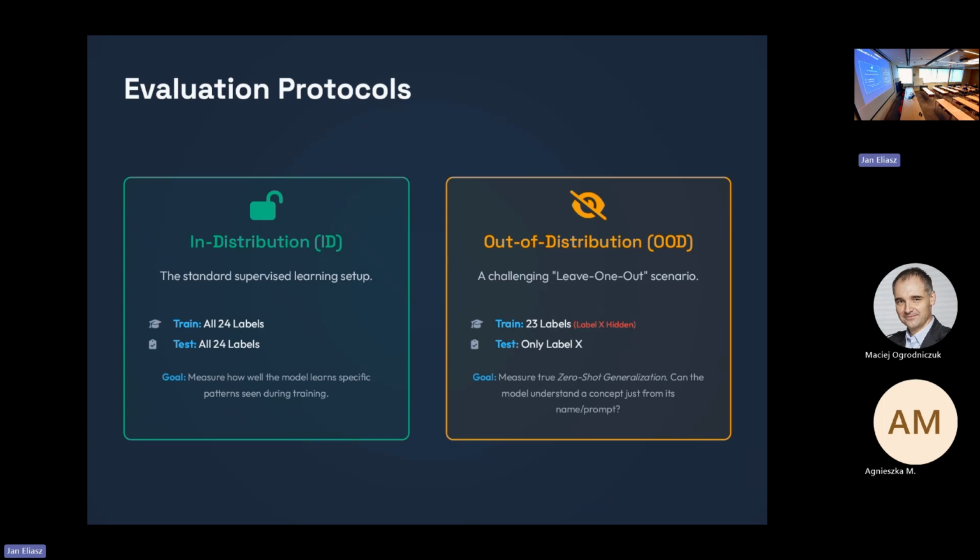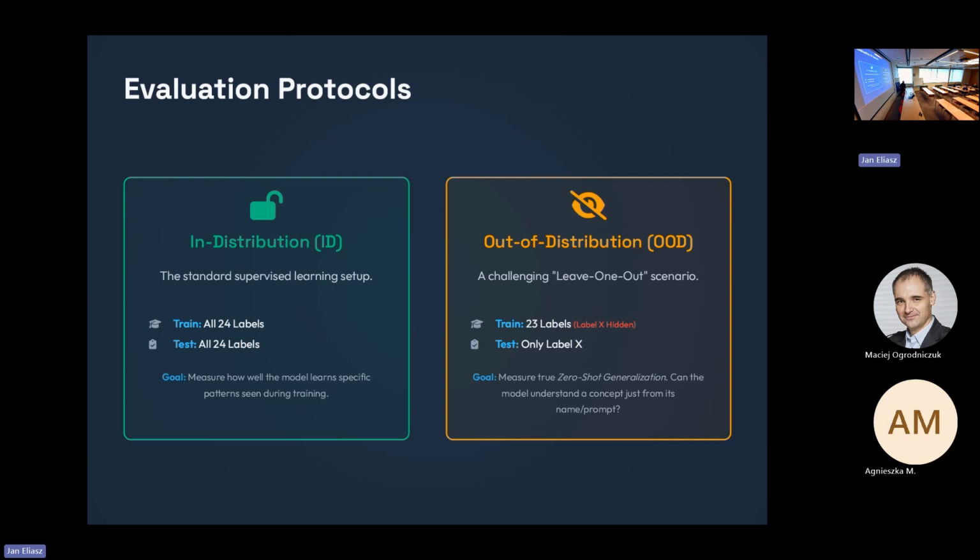Also, I want to briefly talk about our evaluation protocols. So we will have an in-distribution setting, when we fine-tune our small language models on all the 24 labels and also test on all the labels.